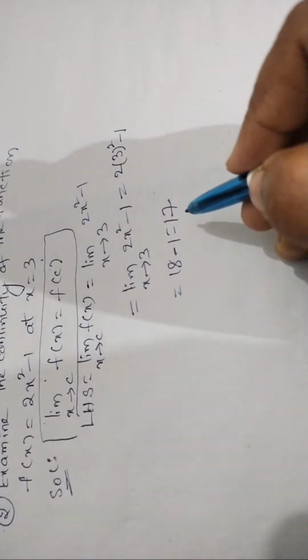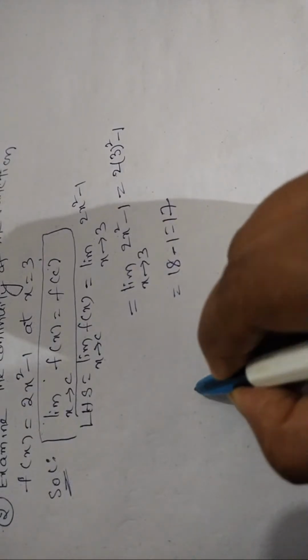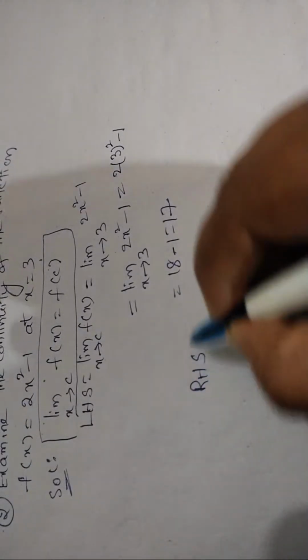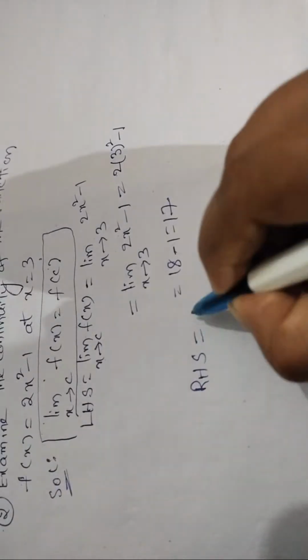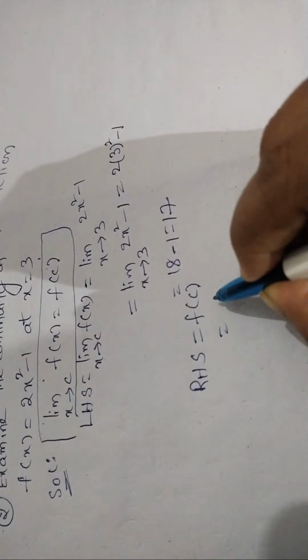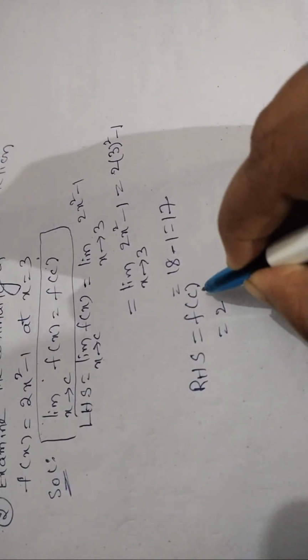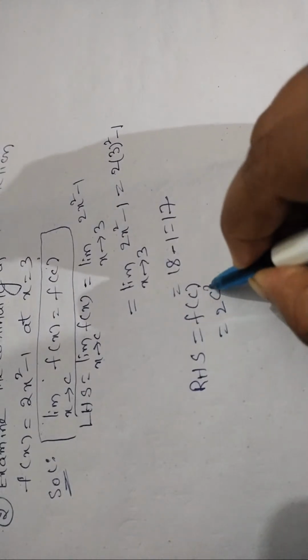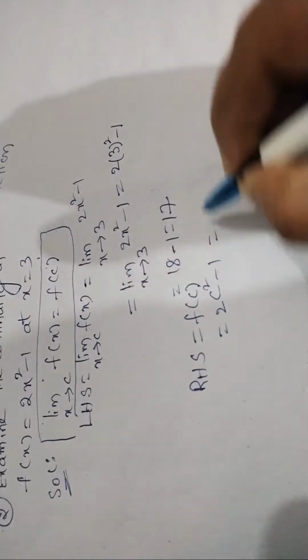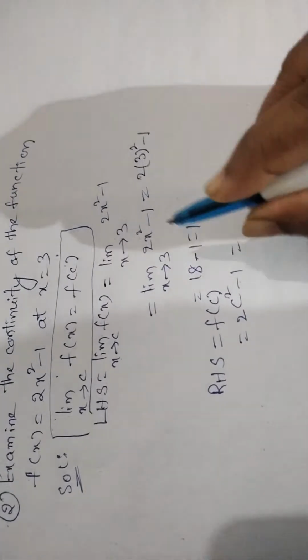LHS we got 17. Now go for RHS. RHS is equal to f of c. What is the function here? 2, x is replaced by c, 2c square minus 1. Here the c value, at which case it is x is equal to 3.